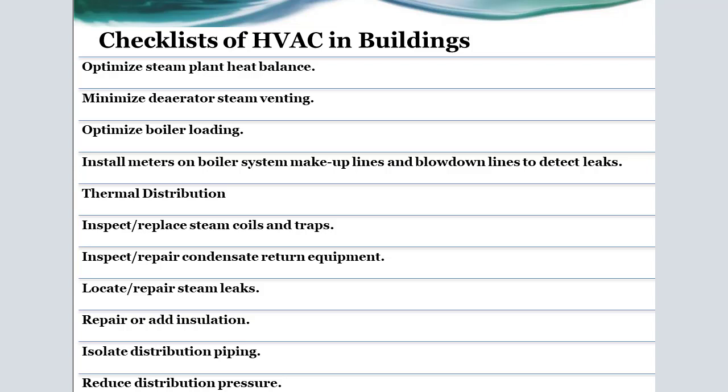It may also include installation of meters on boiler make-up lines and blowdown lines in order to detect any leakage in the piping system, and thermal distribution inspection, or replacing steam coils and steam traps in the piping system.